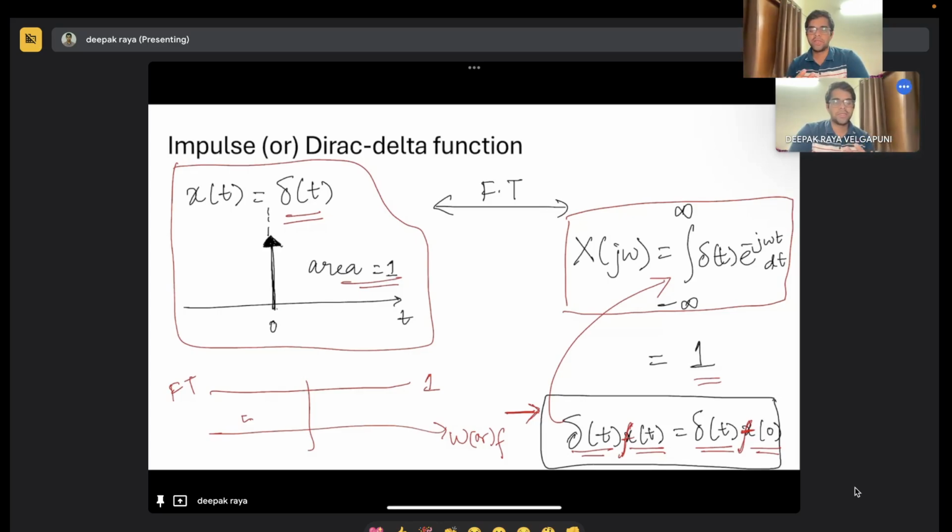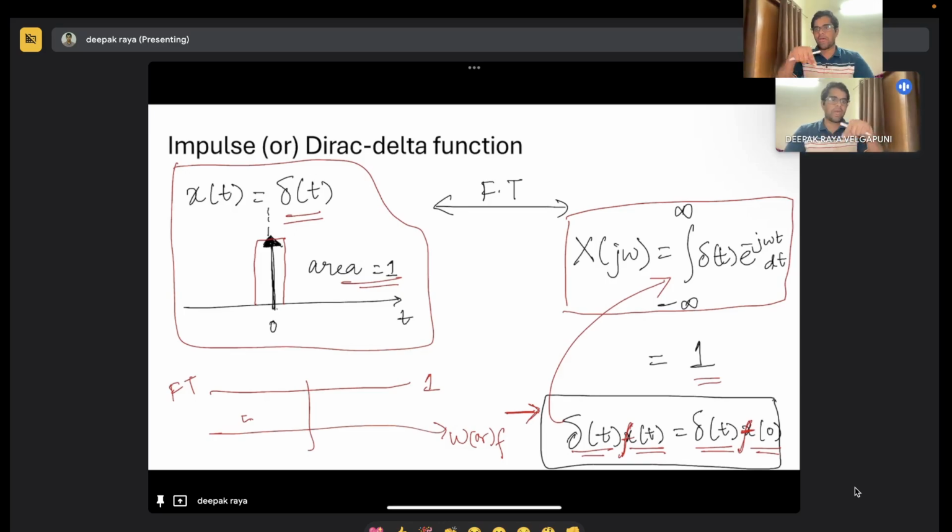This doesn't exist. In the real world, we replace this delta with a small, narrow rectangle. That is where the sinc function becomes the sampling function, because you can't have a real-time Dirac delta function. So we generate a narrow rectangle and that becomes the sampling function. Theoretically we use Dirac delta to represent sampling, but practically we replace it with a rectangle function.